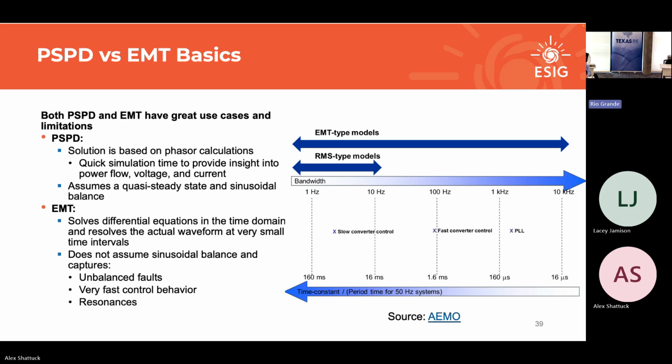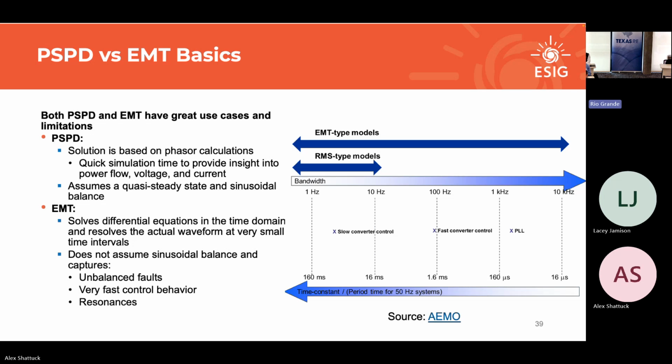Great, Alex. Yeah, so exactly what Alex is saying, right? In PSPD, the whole network is broken down into phasors. So imagine you have a series compensated transmission line. From the PSPD perspective, that basically gets collapsed into just an inductor that is smaller because of the series capacitance, right?